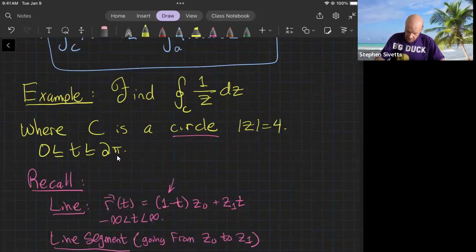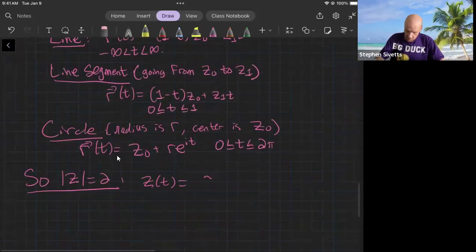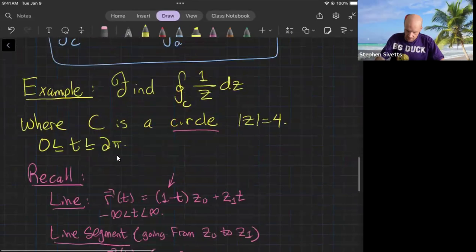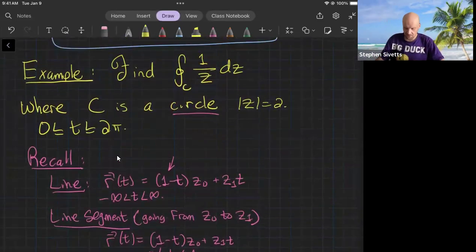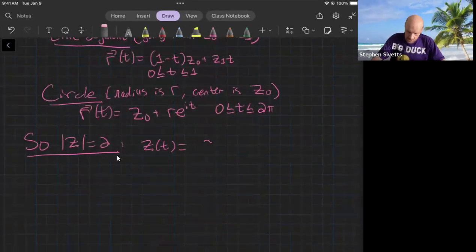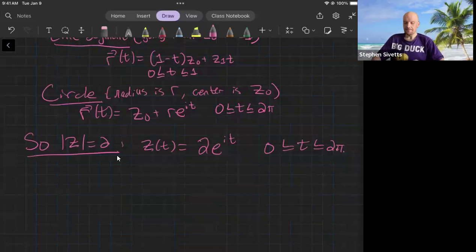I have in my notes that it's radius 2. Okay, circle of radius 2, that's what I meant. So z of t equals 2 times e to the it, with t from 0 to 2 pi.